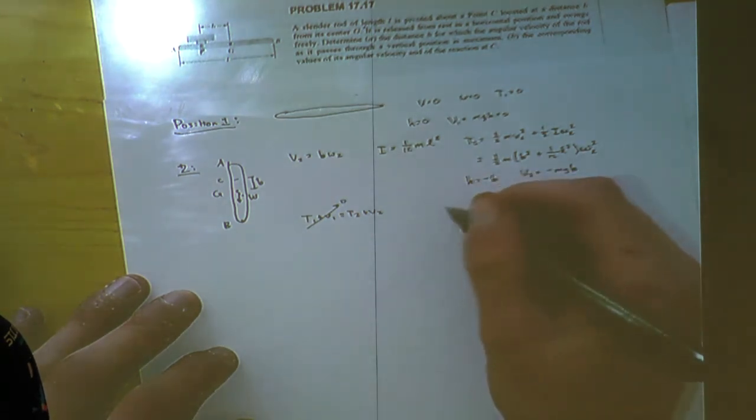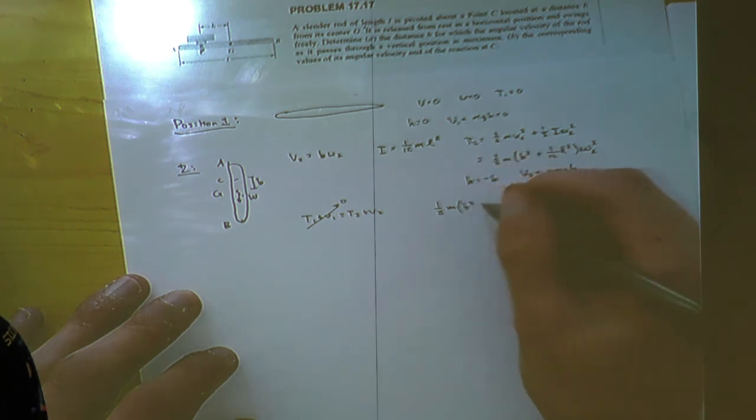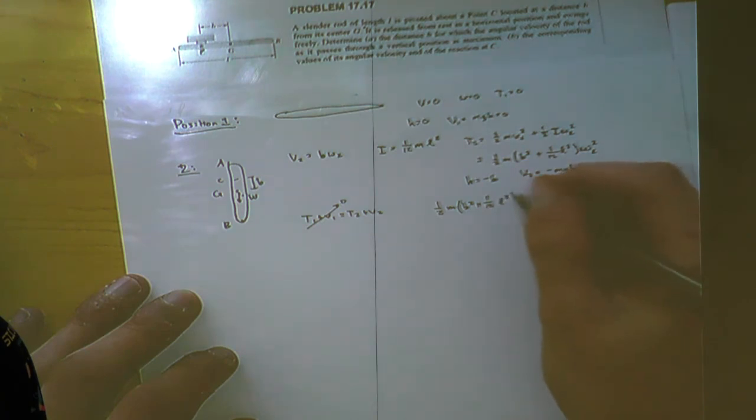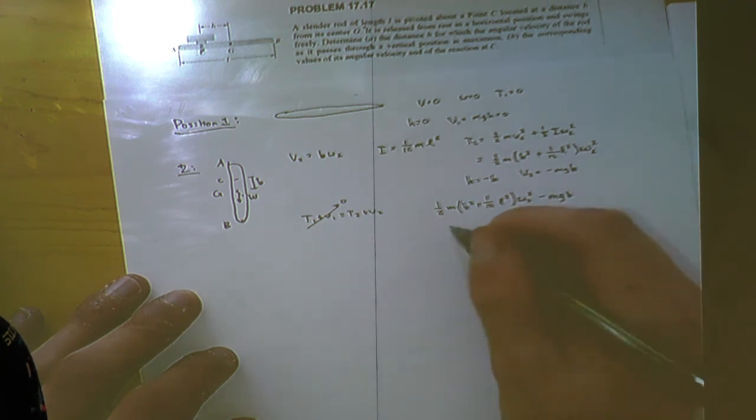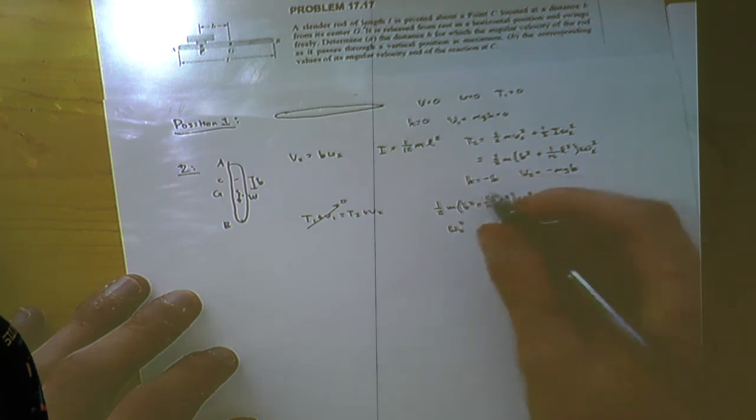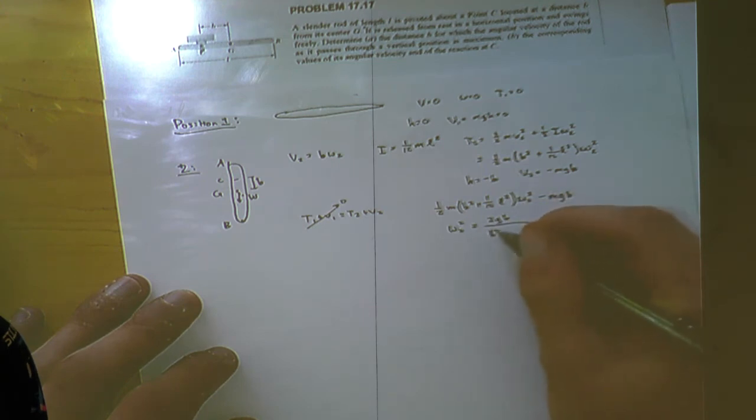So 1/2 m times B squared plus 1/12 L squared times the angular velocity at 2 squared equals mgb. So the angular velocity at 2 squared is equal to 2gb over B squared plus 1/12 L squared.